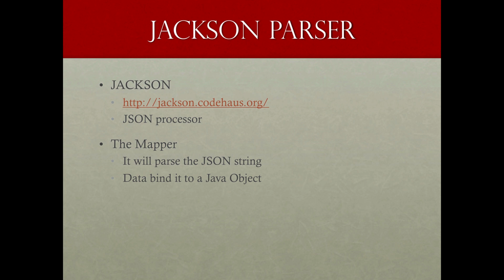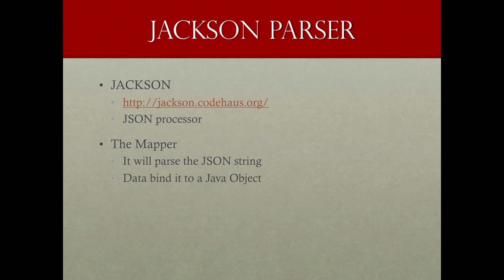What's important to understand is that the data binding, the parsing of the JSON string and then binding it to a Java object, isn't actually a part of the Jersey framework. What Jersey does is bundle the Jackson framework with its framework, and this gives it the ability to parse JSON and then bind it to an object.